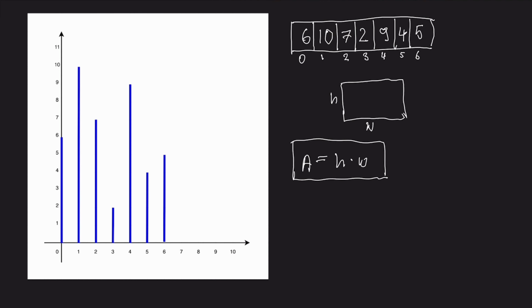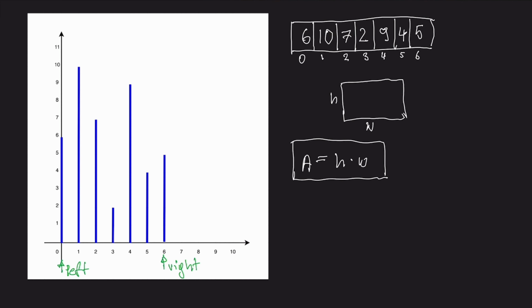So with that observation, we can think about the following. Our biggest possible width is when we consider the very first bar and the very last bar. So what we can do, we can have two pointers or two indexes, left and right, and at the beginning of the algorithm, we are going to position them at the left at the very first element, the right at the very last element. This gives us the biggest possible width.